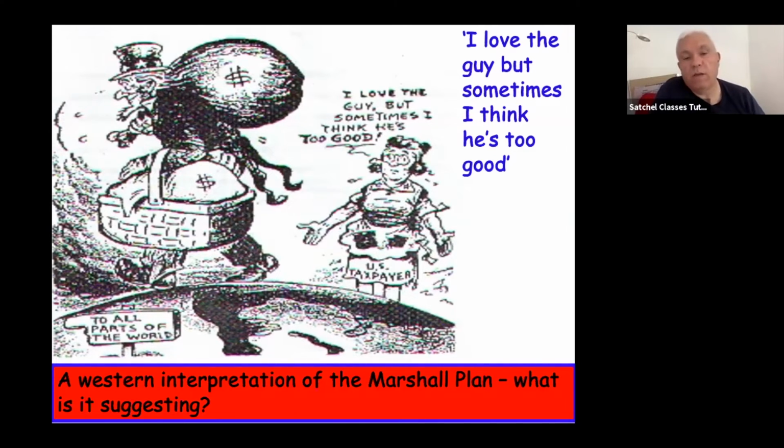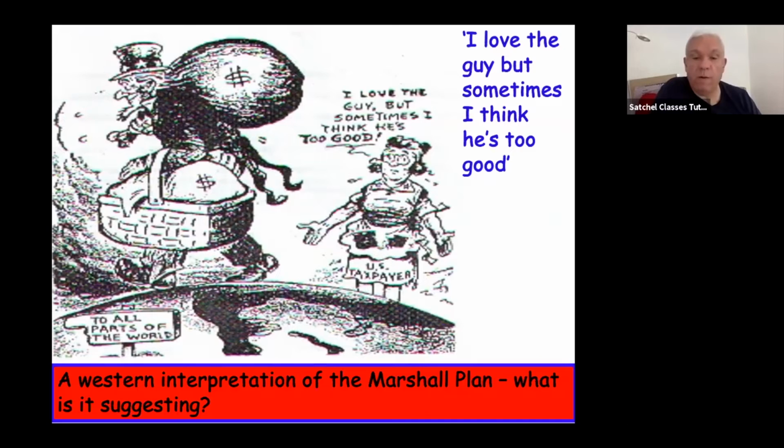A classic example was after the First World War, when Woodrow Wilson wanted to be involved in the League of Nations. When he lost the election in 1920, the Americans took an isolationist perspective and said, we're not going to join it. After the Second World War, they got involved in everything around the world, mainly to help themselves as well.